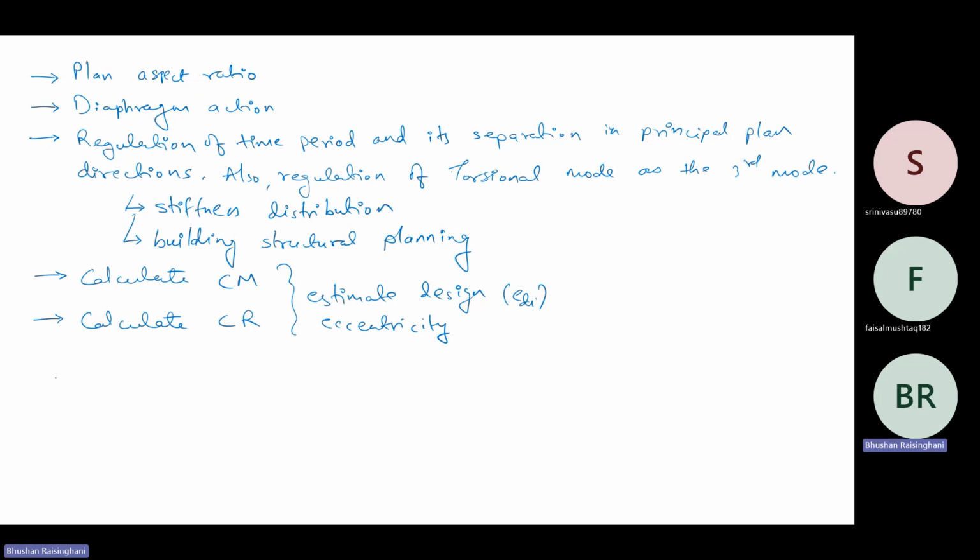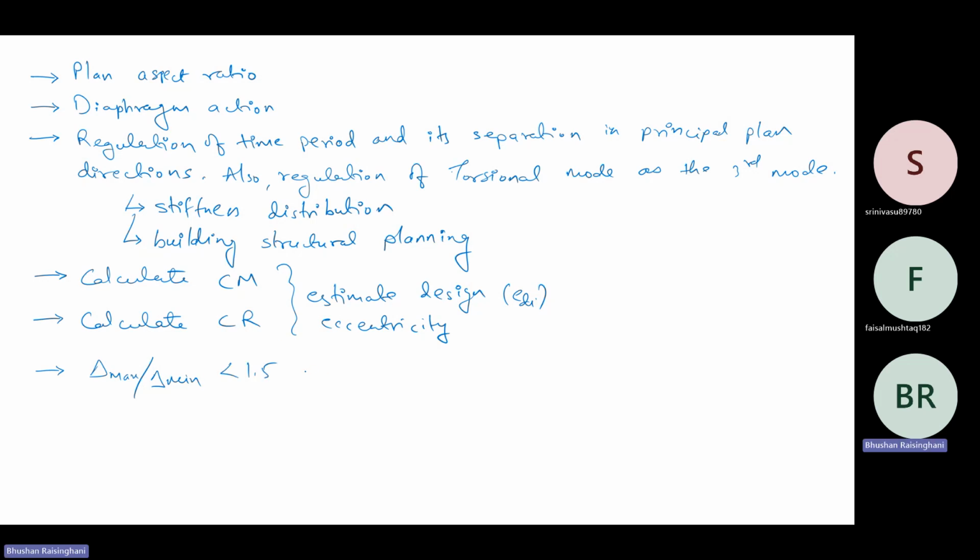Now, once that is done, you have to estimate your delta max to delta minimum ratio, which should be less than 1.5.